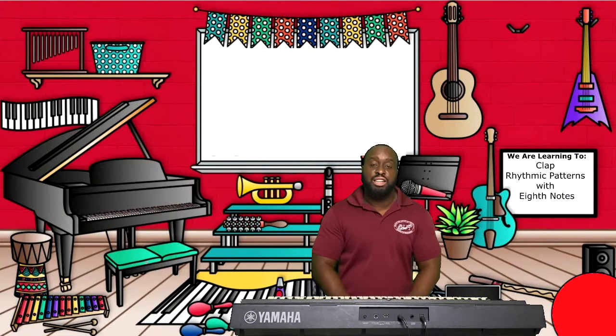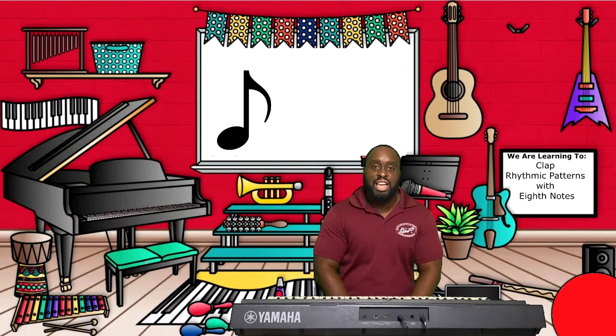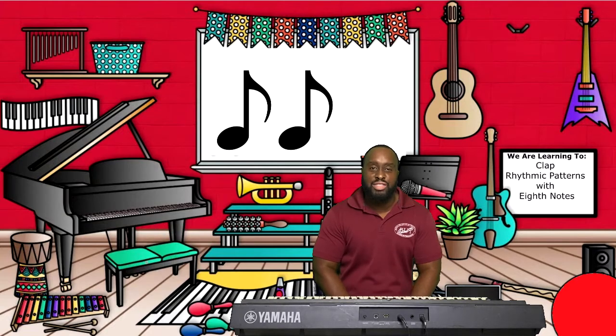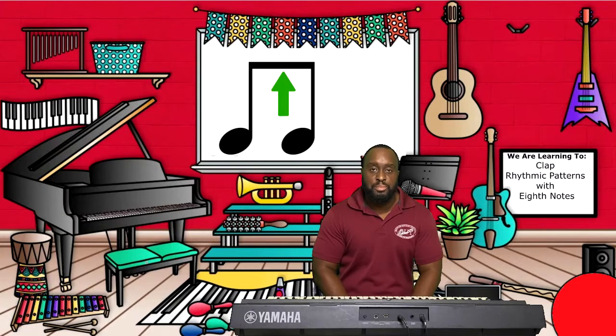All right. Today we're going to add to that, and we're going to learn a new note. Now, this is an eighth note. We're going to take an eighth note and another eighth note and combine them together with this beam.